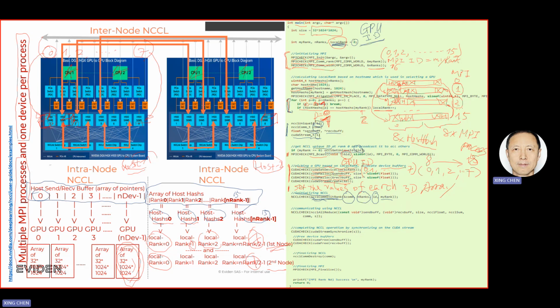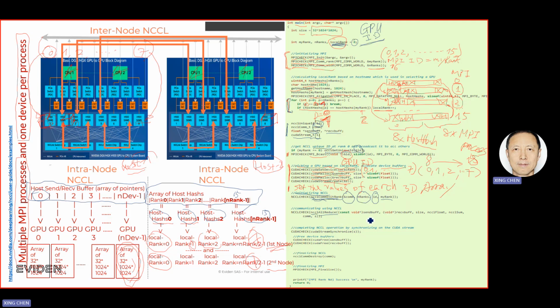Right now, we are ready to use the NCCL function call to do the collective communication, which is the NCCL all-reduce collective communication. So you call this NCCL all-reduce function call.